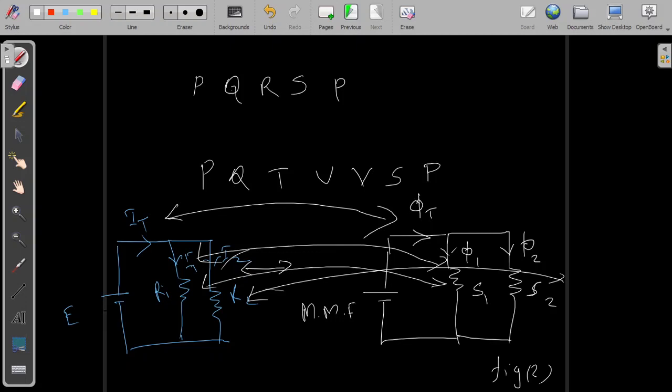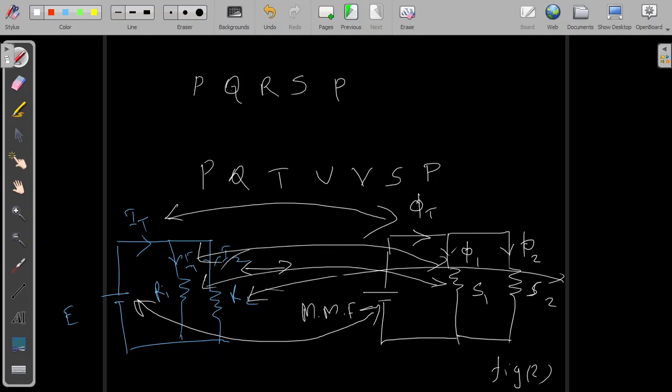And this EMF, battery voltage, when coming to a magnetic circuit, is transformed as magnetomotive force, MMF.